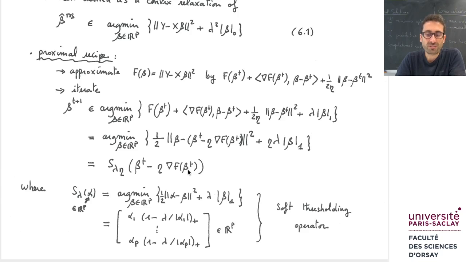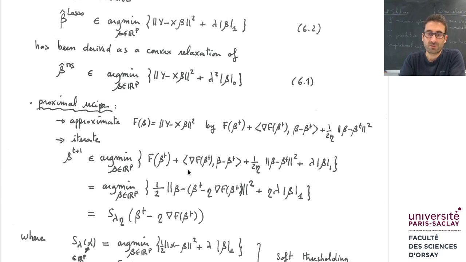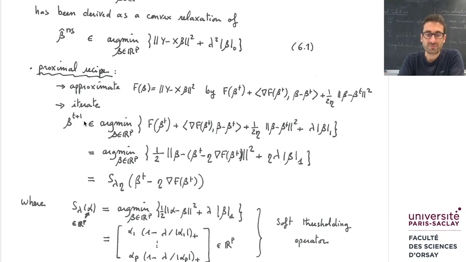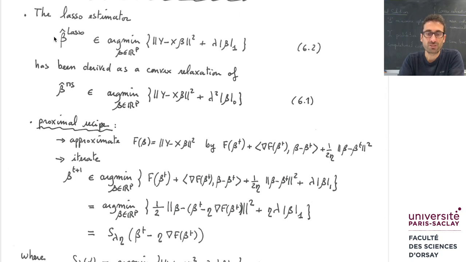And as we have discussed, since we have a problem which is convex for eta which is small enough, this iteration will converge to the lasso estimator, which is the solution of this optimization problem.